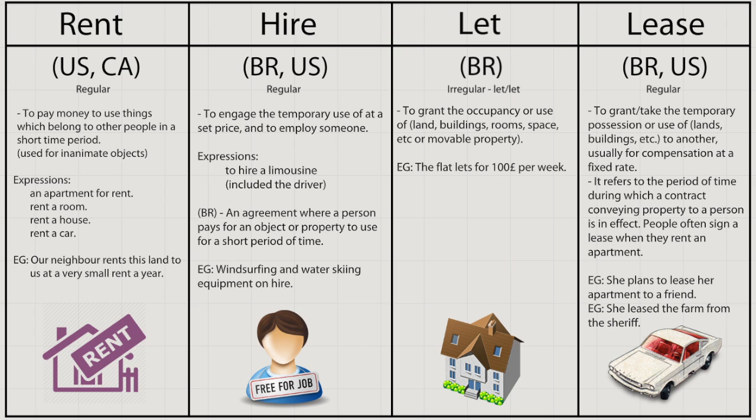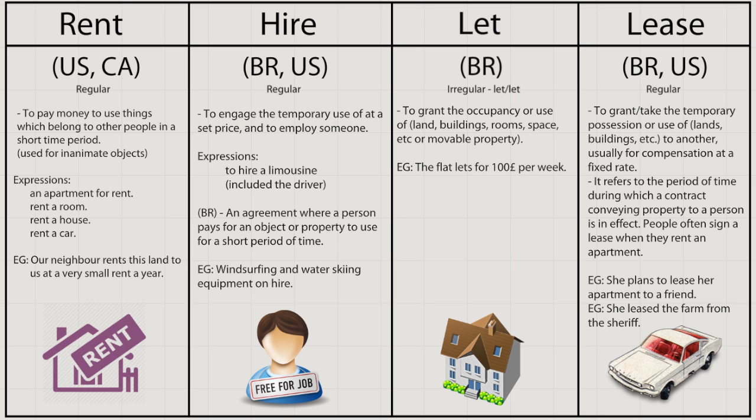So the example I gave is the flat lets for £100 per week. So this is mainly used in British English, okay? And there are a lot of idioms for that and phrasal verbs with let, so I won't bore you with that. You can take a look at the freedictionary.com for that or the dictionary.com website.